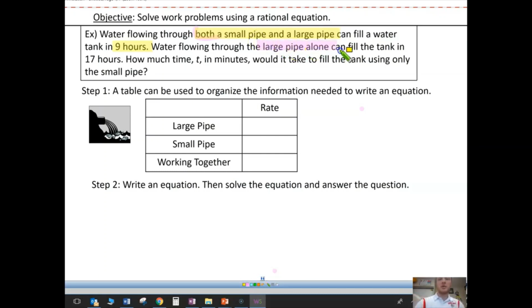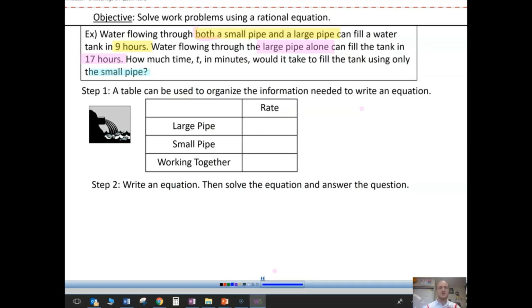A large pipe alone can fill the tank in 17 hours. How much time would it take using only the small pipe? What we want to do is write some rates for all of these situations.